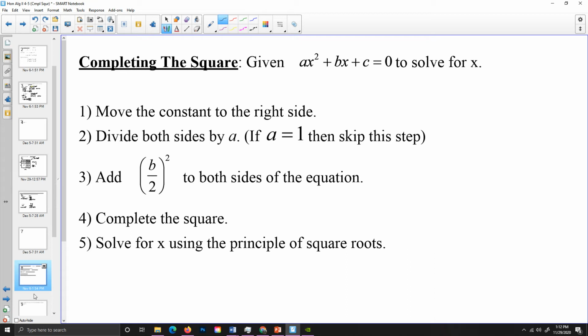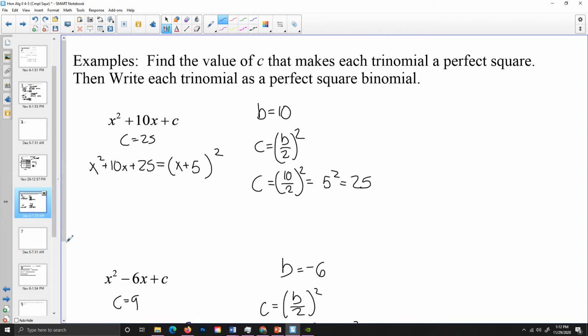Then we'll divide both sides by a. If a is equal to 1, then we're just going to skip that step. Once we've divided by a, we're going to add b over 2 squared to both sides of the equation. And then we're going to complete the square, which is essentially what we did right here. We're going to add a c value to both sides so that we have a perfect square binomial.